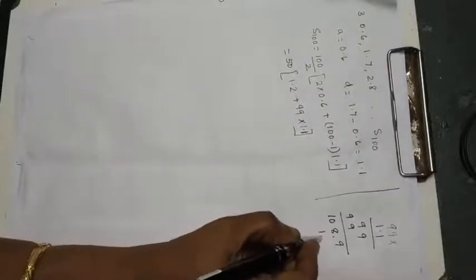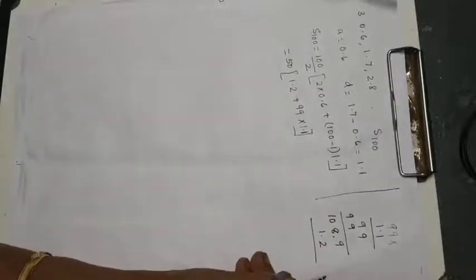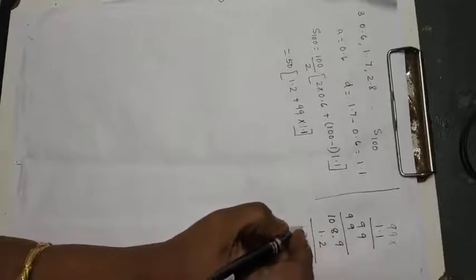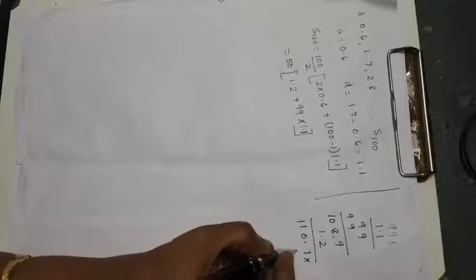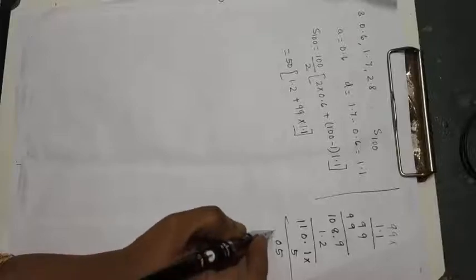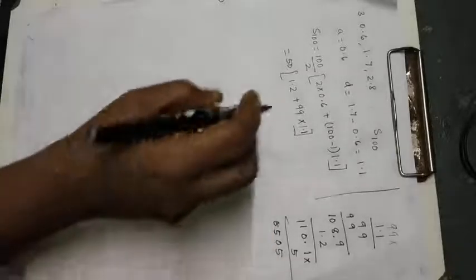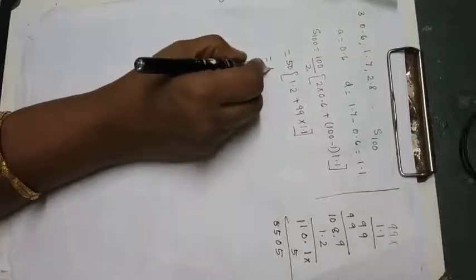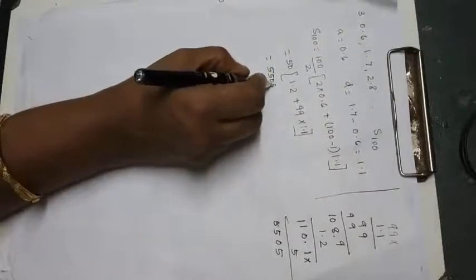so 108.9 plus 1.2, it will be 110.1, then multiply by 50, so it will be 5,505.